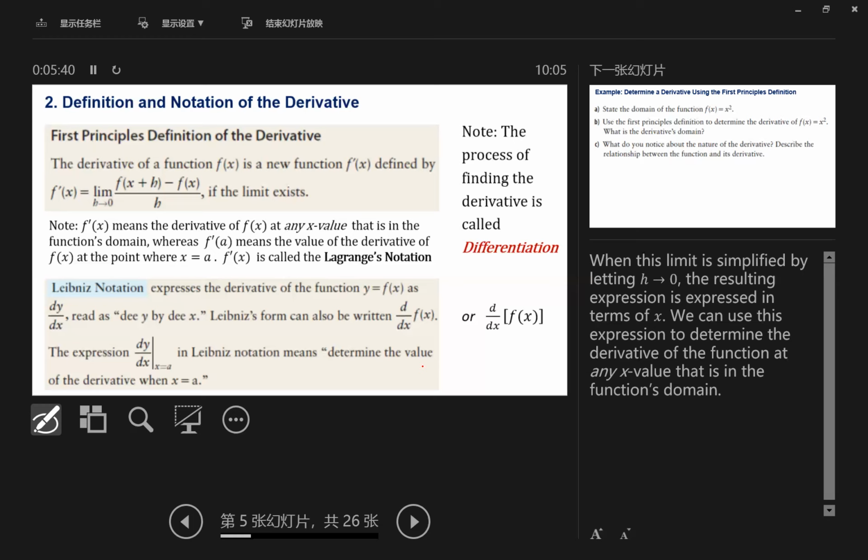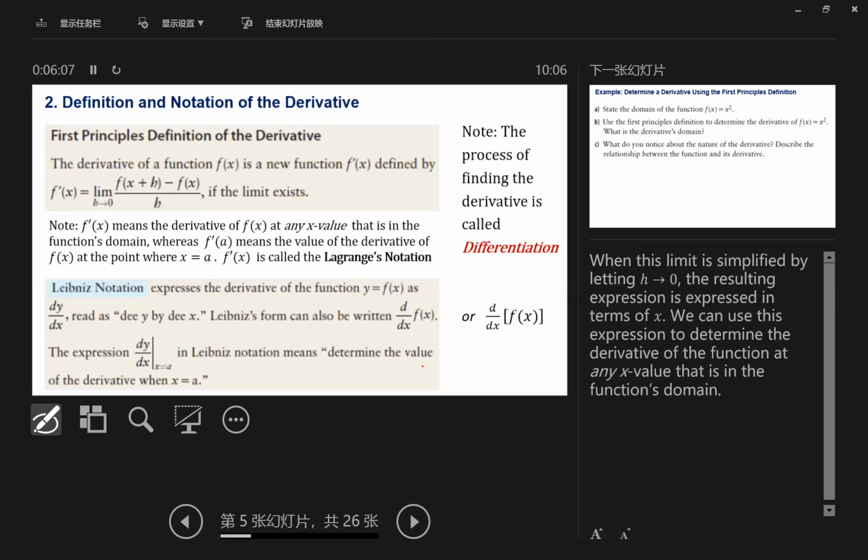Leibniz form can also be written as d f(x) by dx. This means the derivative of f(x). The expression dy by dx when x equals a in Leibniz notation means determine the value of the derivative when x equals a.